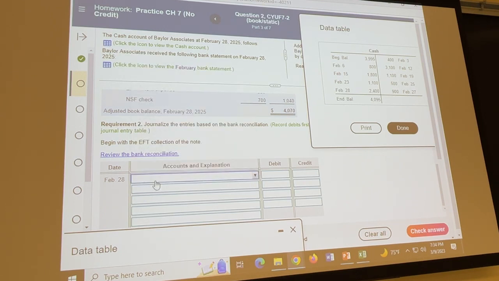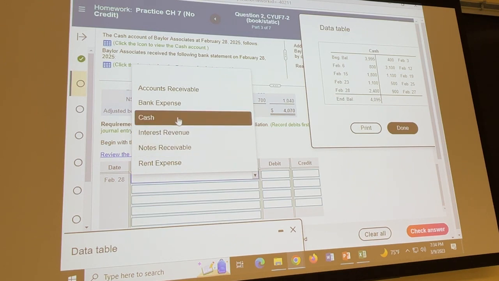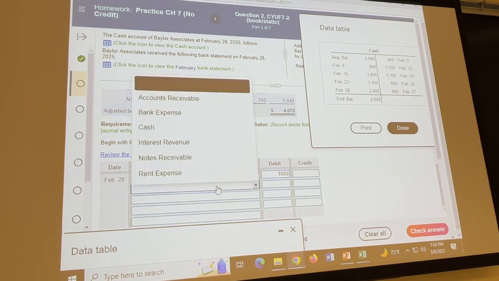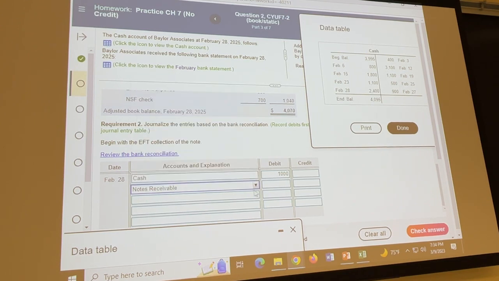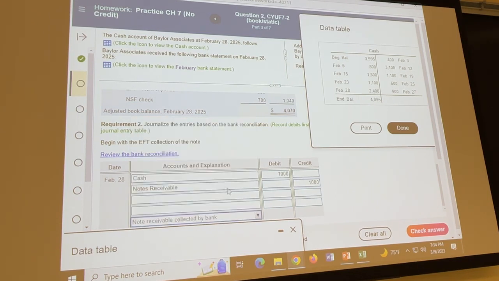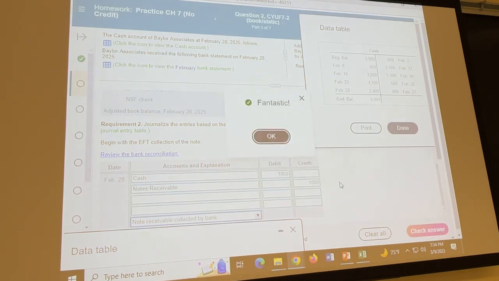So anything that's a positive adjustment, we know that we're going to debit cash for it to show that cash was taken in. And so that one was for $1,000. And the account that we would credit would be notes receivable. And at the bottom we put note receivable collected by bank.